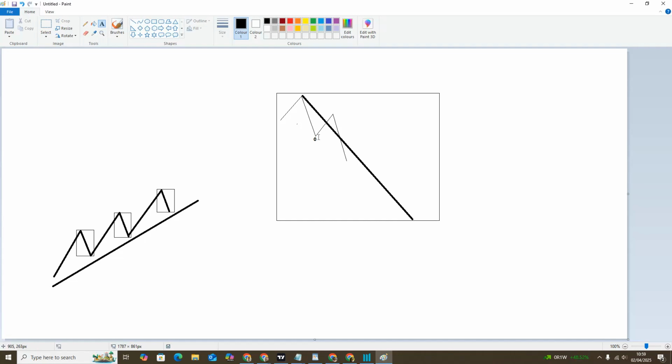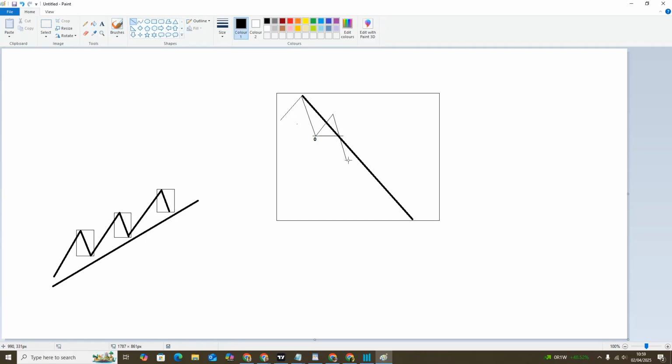Okay, so the first low that does not make a lower low is always zero. Just follow me. Then we have a new low below this low. Okay, so you can call this a change of character there. So this is a low. Remember, we are in an uptrend.